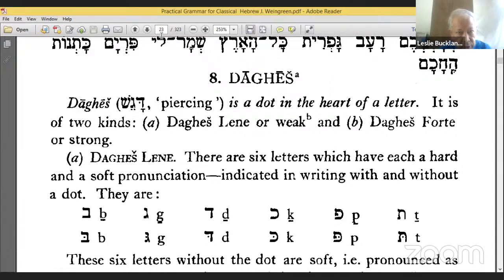This is page 23, and it goes on to page 24 of the Practical Grammar for Classical Hebrew, written by Mr. Wayne Green. It is on the JSP Google Drive. I had requested it of the administration, and they were able to download it onto that drive.